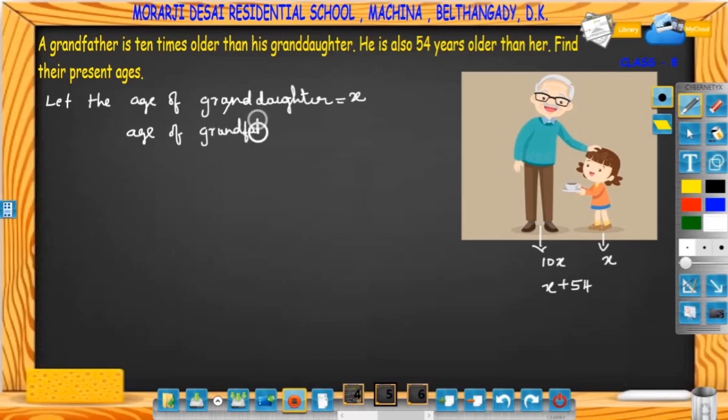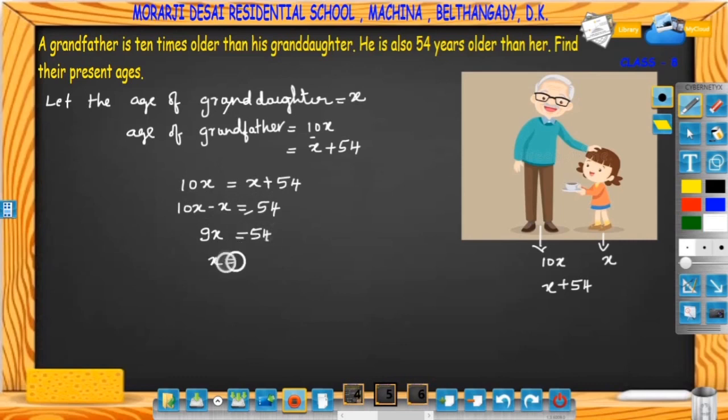Age of grandfather is equal to 10x, and it is also equal to 54 more than granddaughter, that is x plus 54. So here 10x is equal to x plus 54. Now 10x minus x is equal to 54. That is 9x is equal to 54.